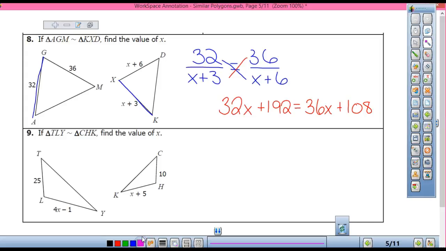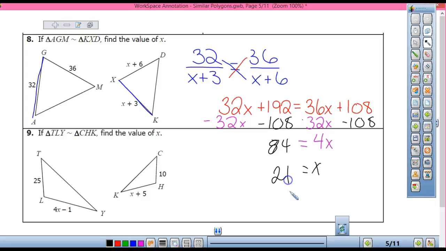Okay, so get your x's on the same side. Minus 32x and 4x equals, subtract your 108 to the other side. I'm going to have 84. So x equals 21.